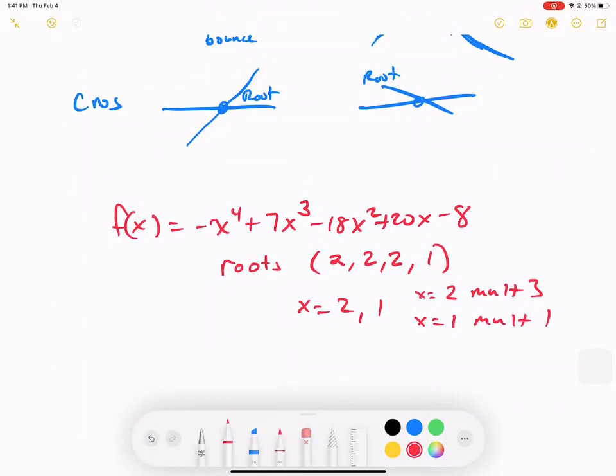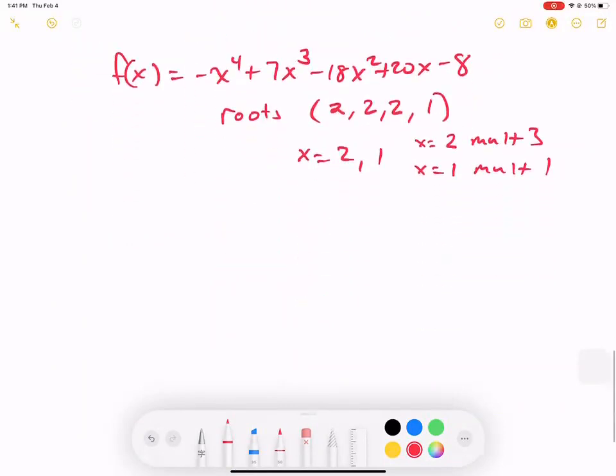We could have found the roots by doing synthetic division, but that's not the lesson today. The lesson is just graphing it. Here we go. We have roots at 1 and 2. That's our roots. Once we found the roots, let's graph the roots.